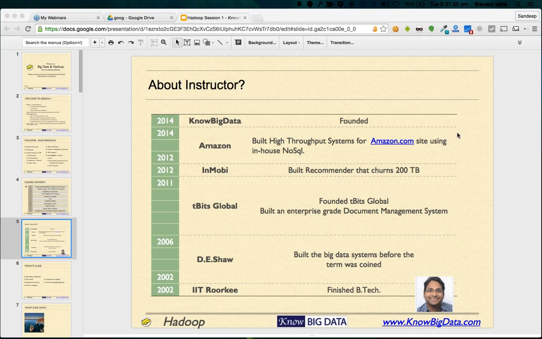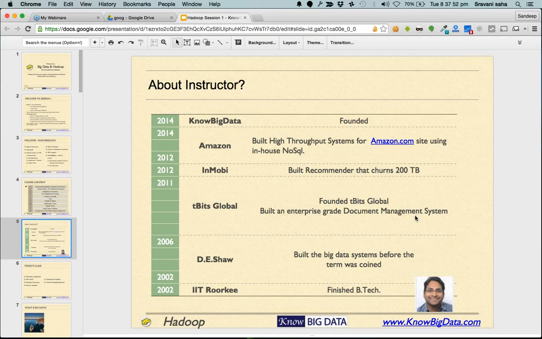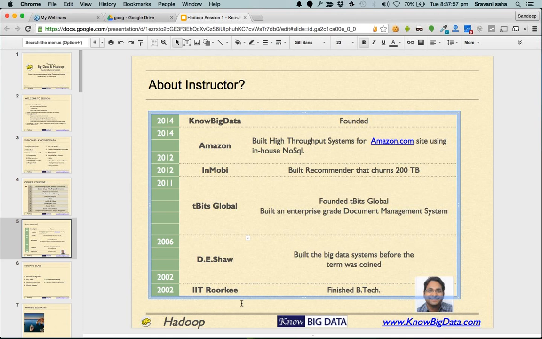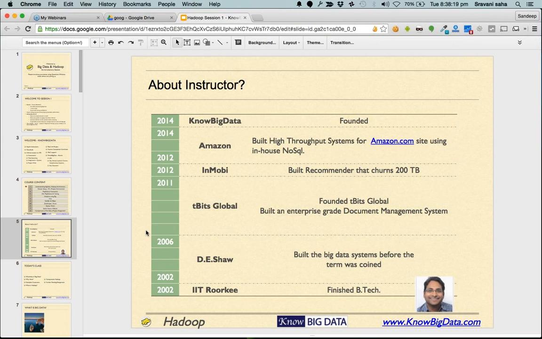Brilliant. So, a little bit about me. I did my graduation from IIT Roorkee in 2002. Afterwards, I joined a company called DE Shaw. Only a few of you might know DE Shaw. It's a company where we dealt in big data even before we used to call it big data. We had a 10,000 node cluster in 2002 when everybody else was not setting up that kind of technology stack.